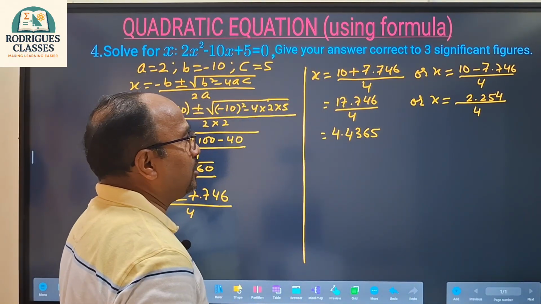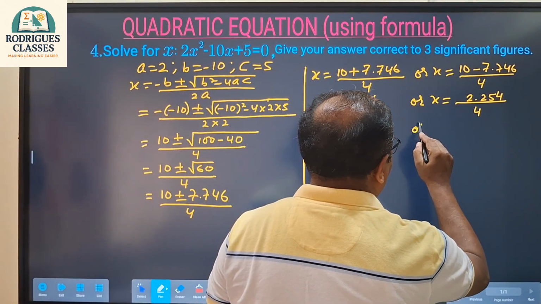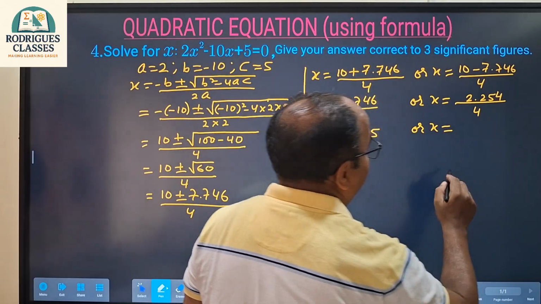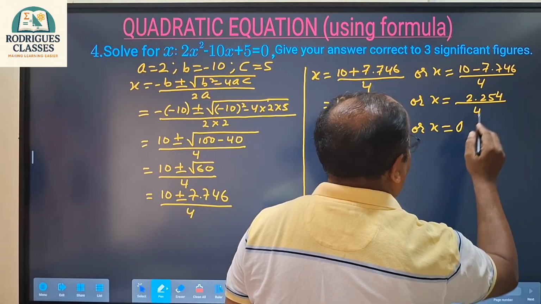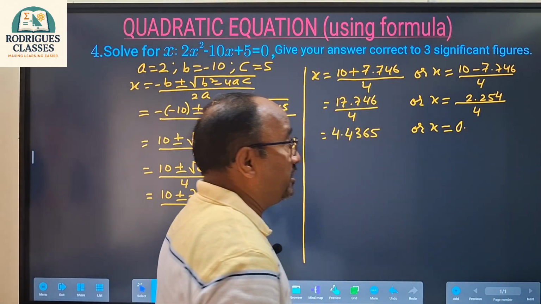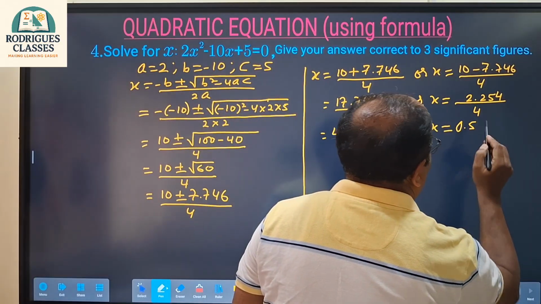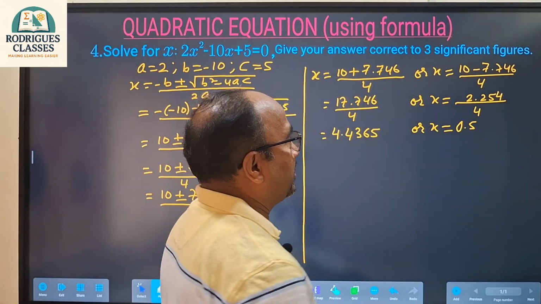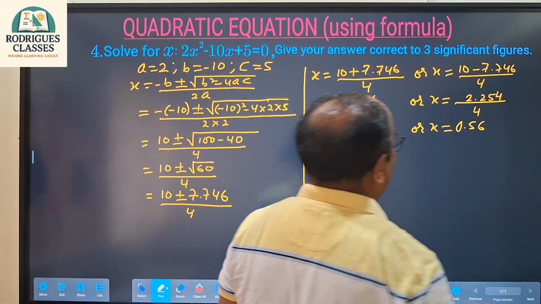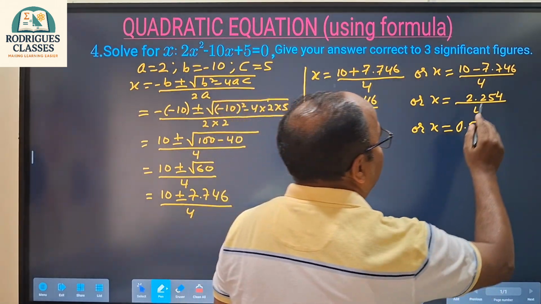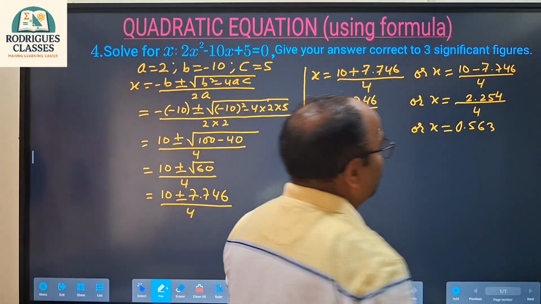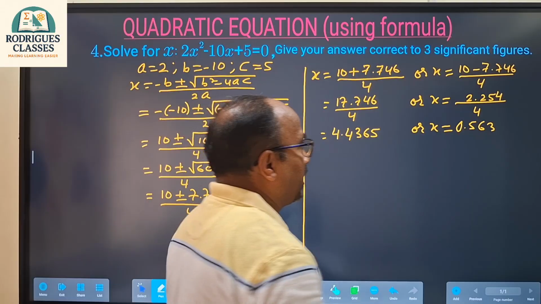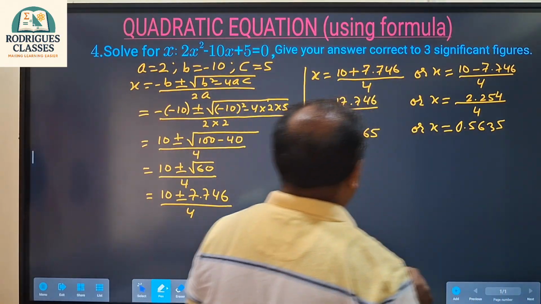So 4 5s are 20. Here dividing it, I have to take 2 and 2 both, so 0 decimal given. 4 5s will go 20, 2 is left, 25, 4 6 is 24, so 1 is left, 14, 4 3s is 12, so 2 is left. It becomes 20, 4 5s are 20.